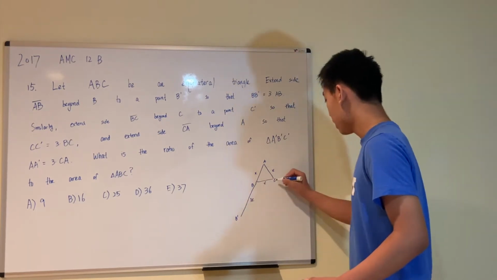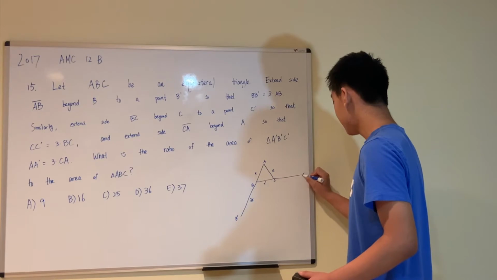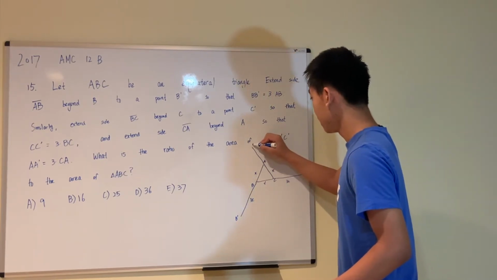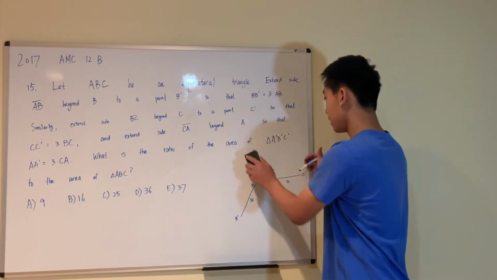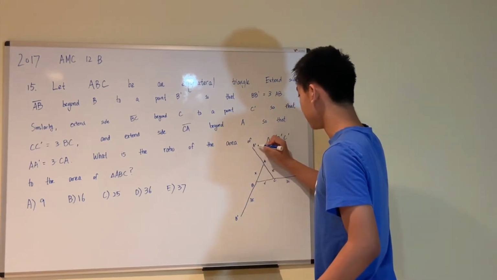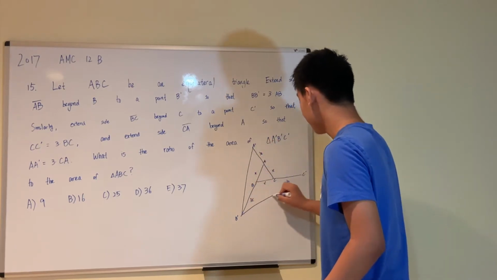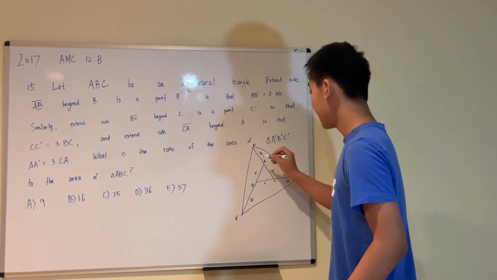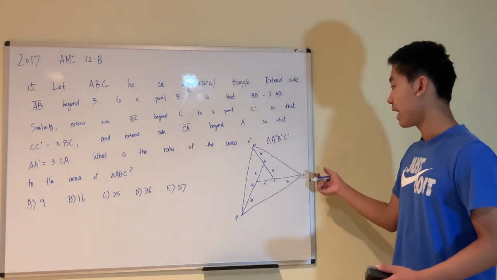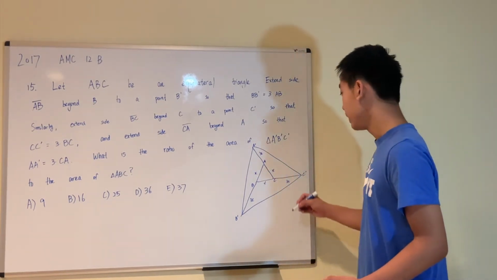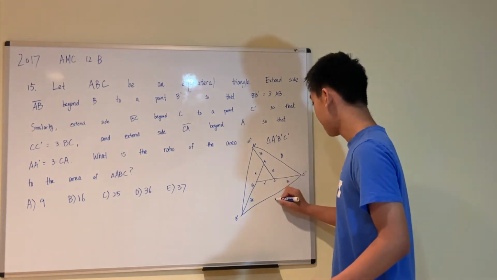And similarly, we're going to have CC prime equals 3x and AA prime equals 3x. If we connect A prime, B prime, and C prime, we're going to get a new triangle which happens to be equilateral because of symmetry with the equilateral triangle ABC. So we can call each of these side lengths y.